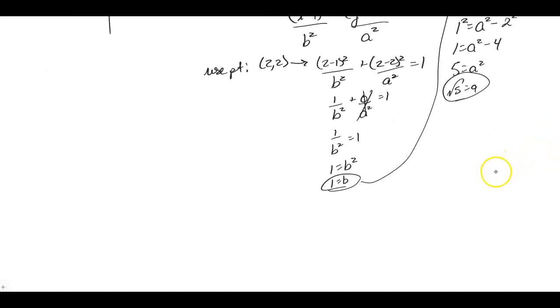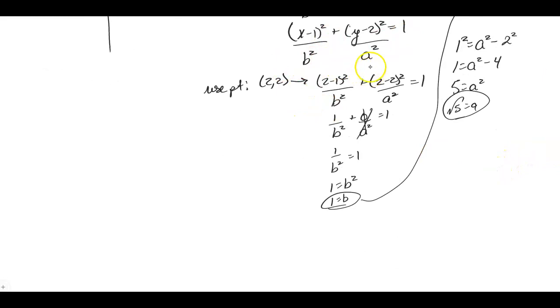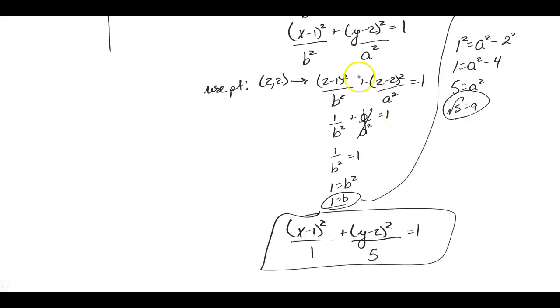We can plug it in to this equation. So our equation is going to be x minus 1 squared over b squared, which is 1 squared, which is 1, plus y minus 2 squared over a squared. Square root of 5 squared is 5, and that's going to be equal to 1. So there's our equation for that graph.